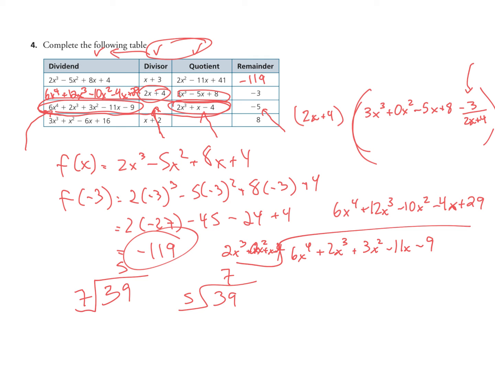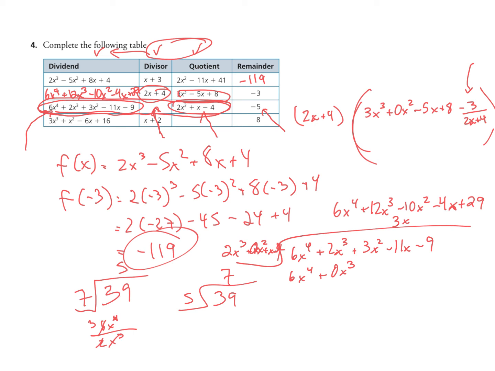All right, so this is going to be 6x to the 4 divided by 2x cubed. These cancel, that's a 3, and the x's cancel, so just 3x. Multiply across, you got 6x to the 4 plus 0x cubed plus 3x squared and minus 12x.